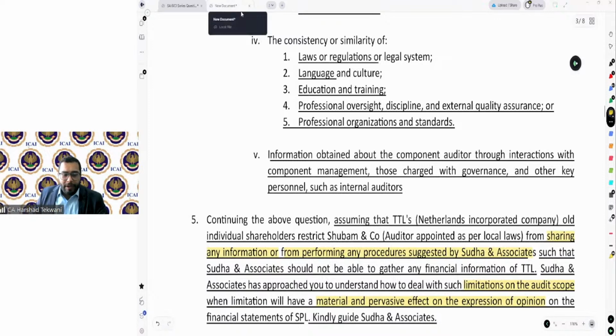So we need to understand the impact in the question itself. If you see the last line, it is given that the impact is material and pervasive. If that is the case, then we need to understand how to report that particular impact.